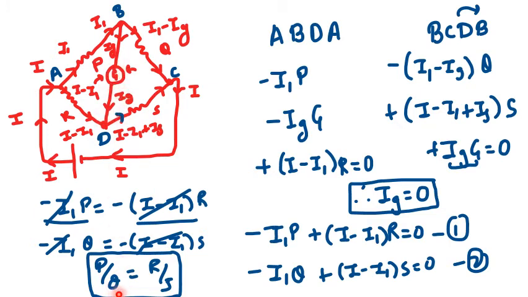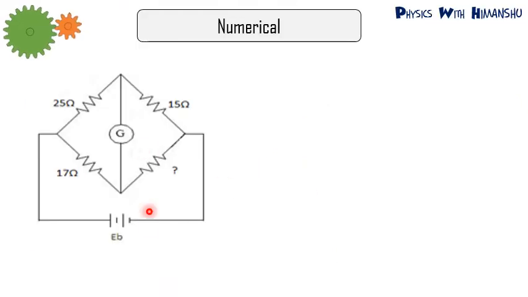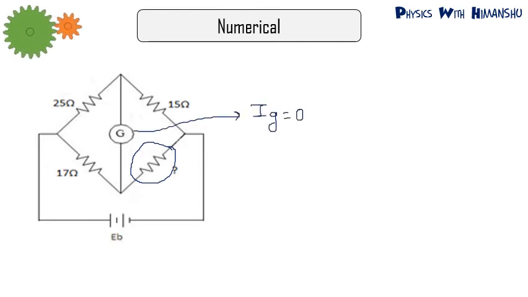So how to check whether a circuit is a Wheatstone bridge or not? You have to check this condition, whether P by Q equals R by S or not. Let's learn from an example. Suppose in this circuit, the question is what will be the value of this resistance so that current through the galvanometer is 0.